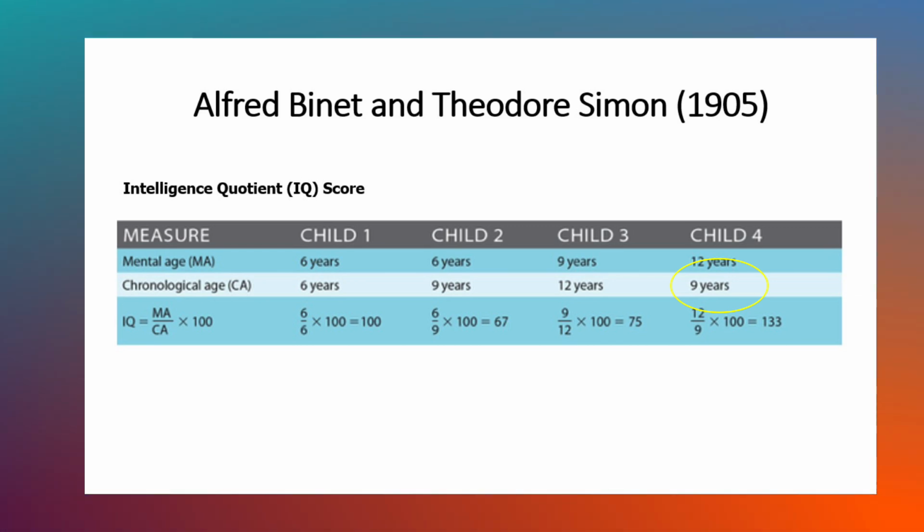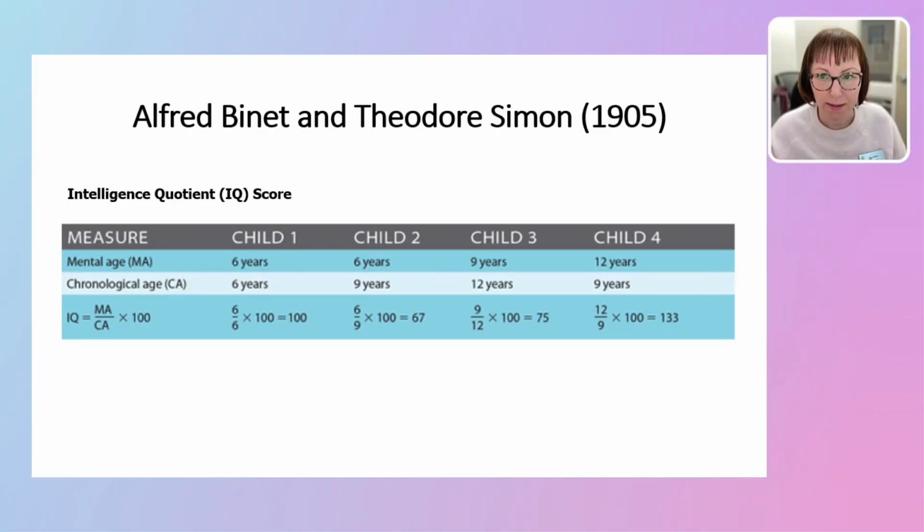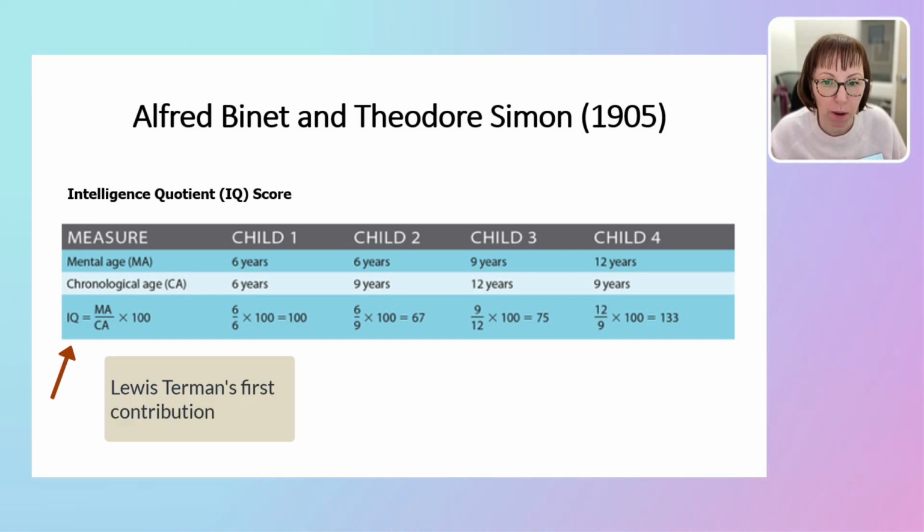If we look at the bottom line, that's the work of Lewis Terman, who transformed the measure of intelligence by introducing the intelligence quotient. The intelligence quotient is the mental age over the chronological age, multiplied by 100.